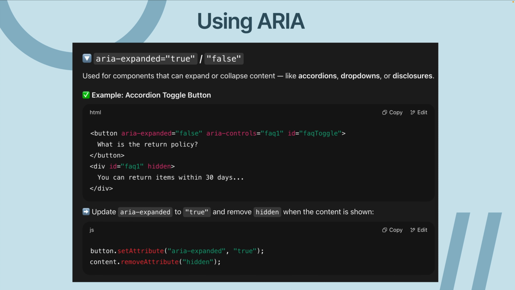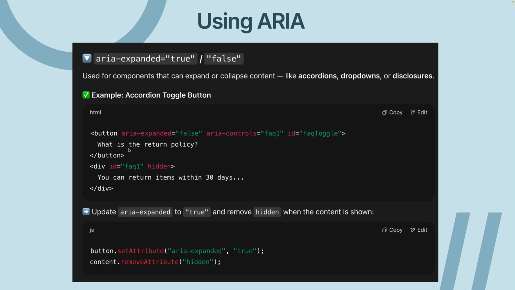Then you have aria-expanded, true or false, which is used for components that can expand or collapse, like accordions, dropdowns, or disclosures. So in an accordion, you will use aria-expanded false initially when it's closed, and with JavaScript, like over here with button set attribute aria-expanded true, you can set the aria-expanded to true and then remove the attribute hidden from that particular element, which is this one.